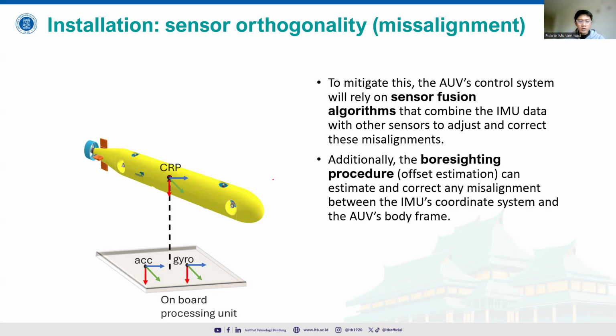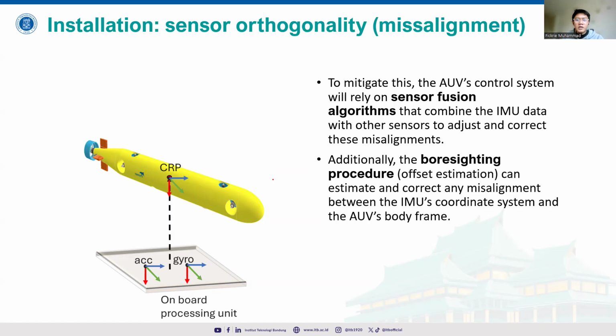So we're calculating the motions of the AUV by using the IMU, not calculating the IMU movements in reference to the body frame of the AUV, which is more complicated. We want to avoid that, of course.